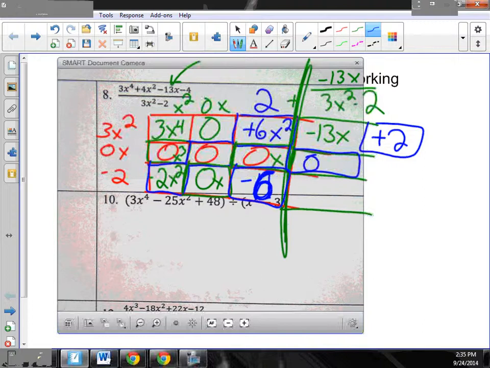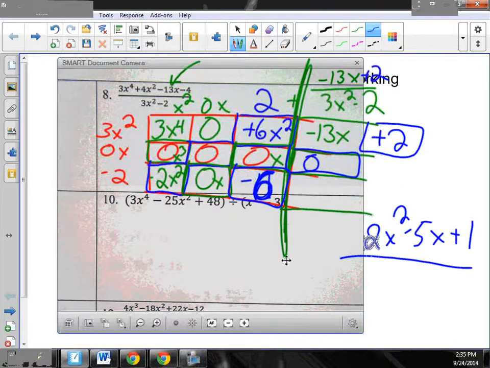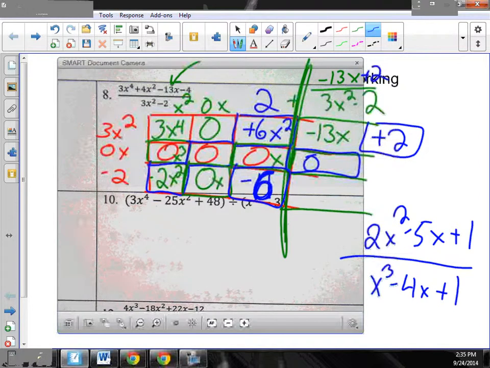So my remainder turns into a binomial: negative 13x plus 2 over 3x squared minus 2. So your remainder can be any polynomial that is 1 degree less than your divisor. So if you divide by an x to the 3rd, you might have a remainder that looks like this, over x to the 3rd minus 4x plus 1, or something like that.